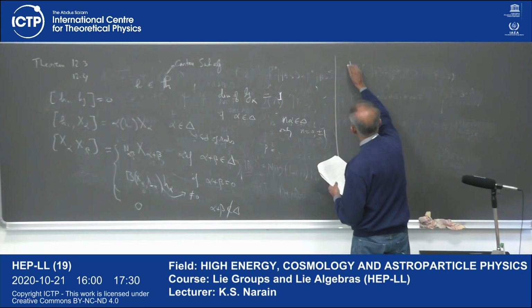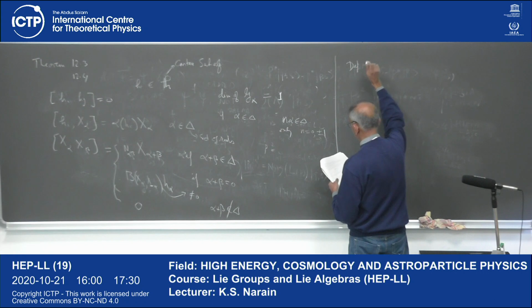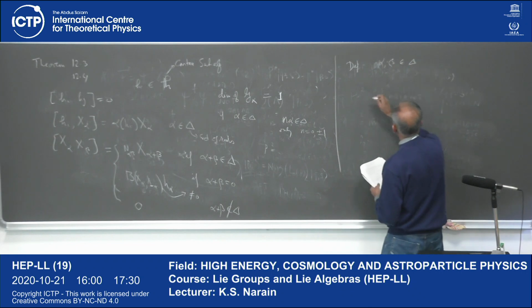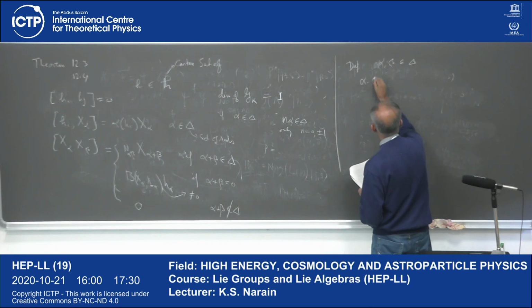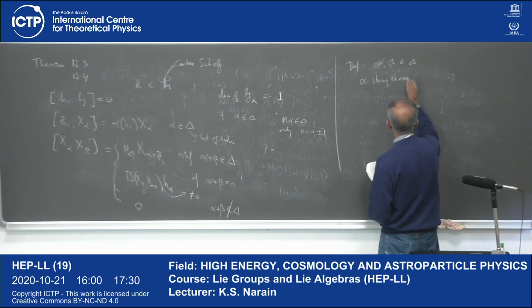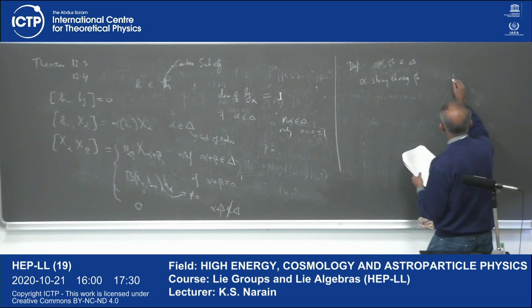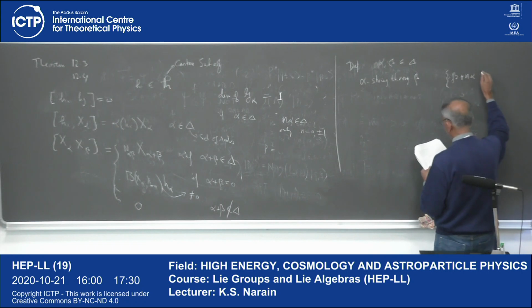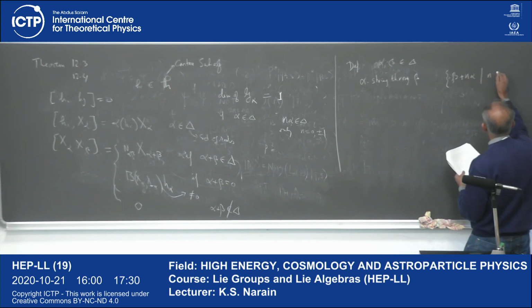If alpha and beta belong to delta, then we call the alpha string through beta the set of all roots which are beta plus n alpha, where n belongs to the integers.